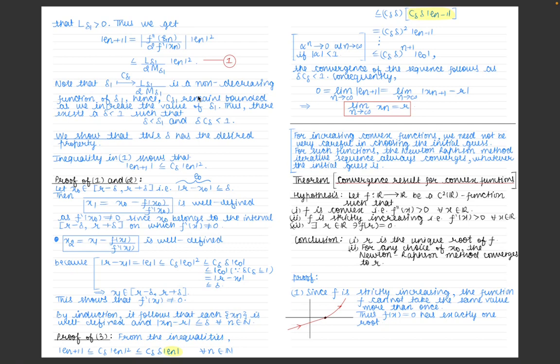Thus f of x equals 0 has exactly one root. So this was the proof of one.